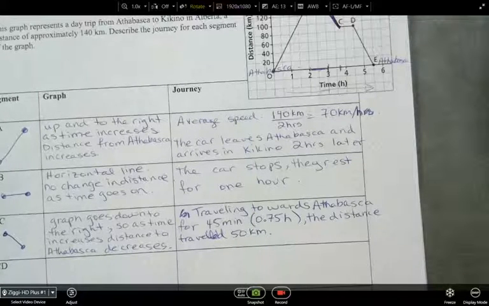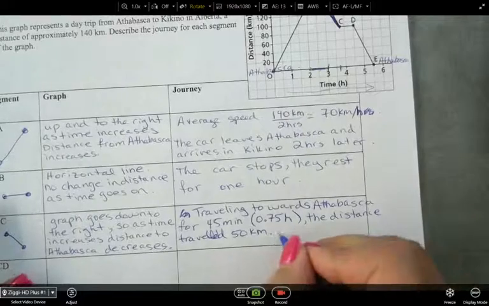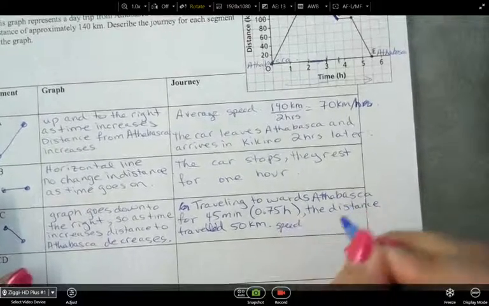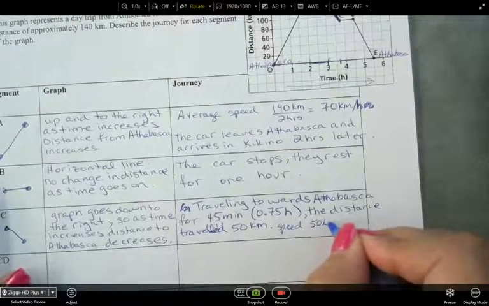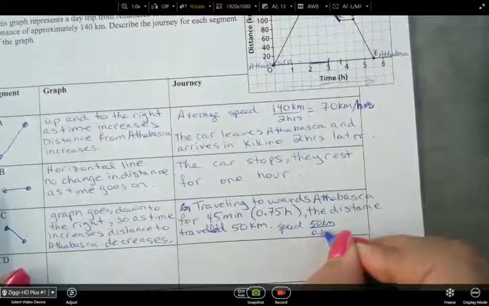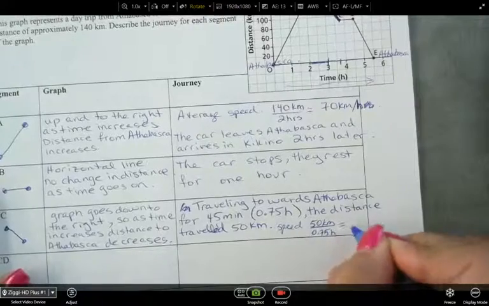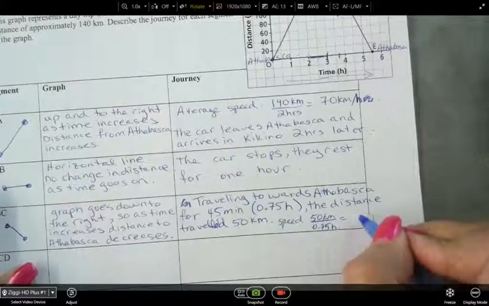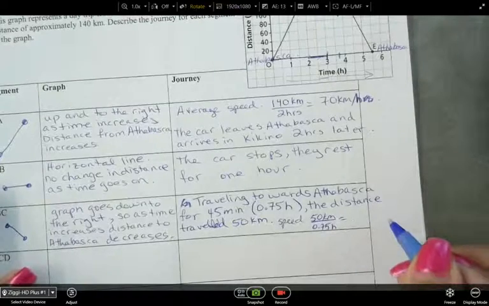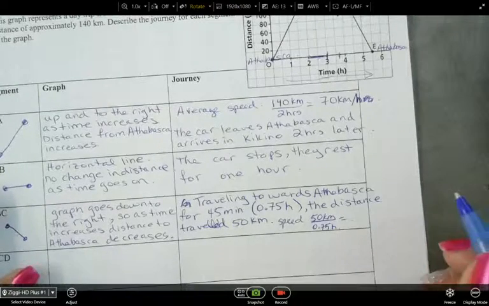So distance over time, right? So the speed is approximately, so we can go 50 kilometers over the 0.75 hours. And what does that give us? Around 66.6 repeating kilometers per hour. Let's just say 67 kilometers per hour.